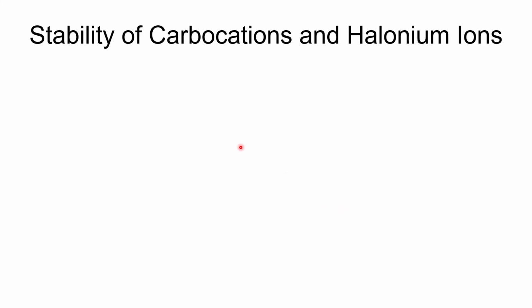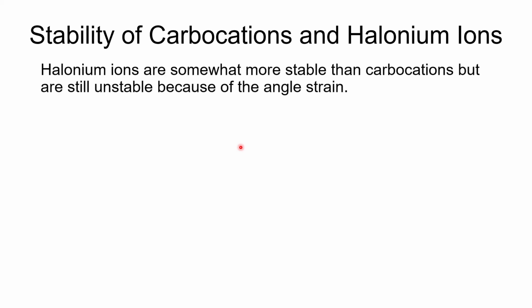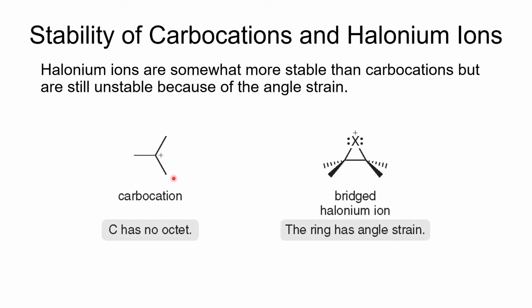All right, so I do want to briefly look at the difference between a carbocation intermediate and a halonium ion intermediate. The halonium ions are somewhat more stable than the carbocations. And the biggest reason is, if you look, this halogen has a full octet.